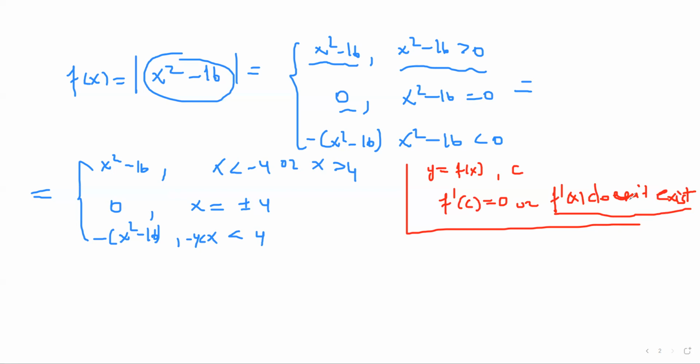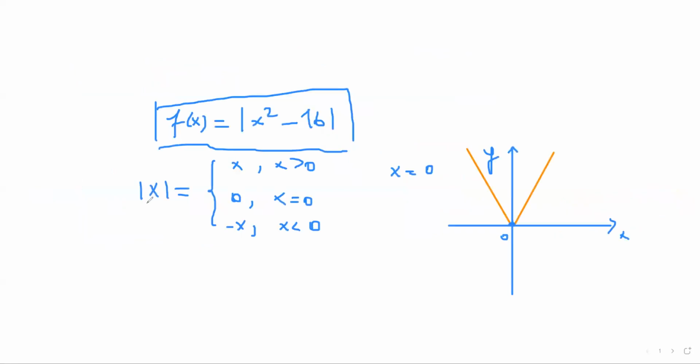Again, if you remember from our lectures, the derivative of the function y equals absolute value of x at x equals 0 doesn't exist. We know why: the absolute value of x has a left derivative at 0, which is -1, and a right derivative, which is 1.